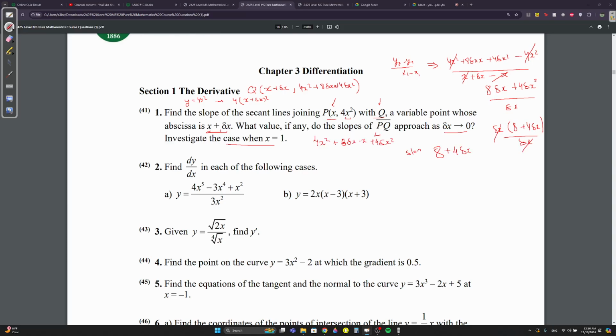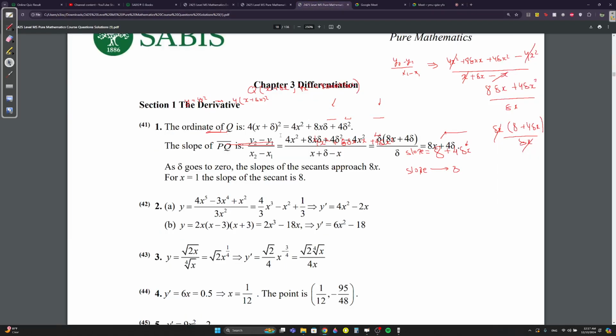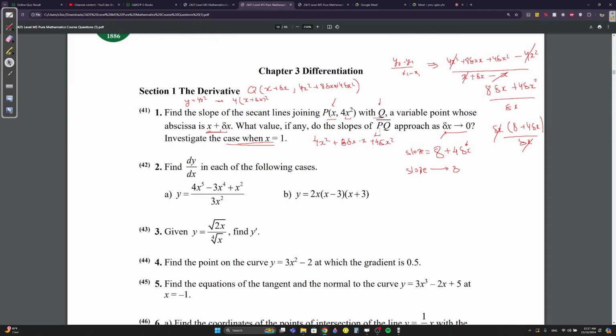So slope is this. As delta x approaches 0, what value does the slope approach? Then investigate the case when x equals 1. Sorry, it approaches 8x, because here it was 8x delta x, so here it was 8x delta x as well.